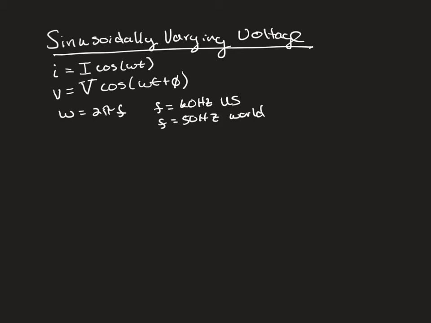Alright, so if we want to talk about the average current though, rather than trying to talk about a max current or a current at one specific moment, we have a little bit of a conundrum. Because remember, when you do the cosine, it varies from 1 to negative 1. So if you take 1 plus negative 1 and divide by 2, you get 0.